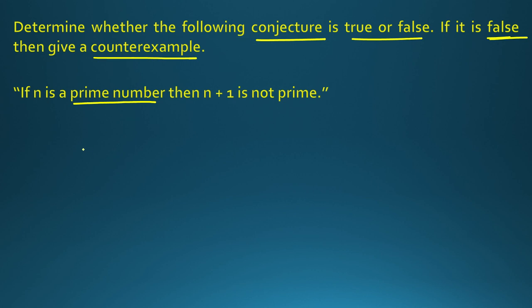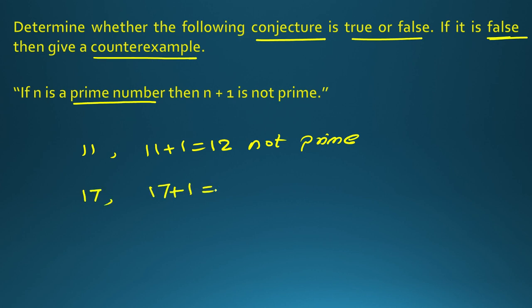So if we consider, say for example, 11 is a prime number, then 11 plus 1, which is equal to 12, is not prime. It seems to be correct. Similarly, 17 is a prime number, but 17 plus 1 is equal to 18, which is not a prime number. Okay, so what do you think here? That this statement should be correct?